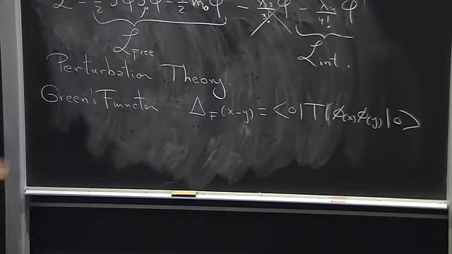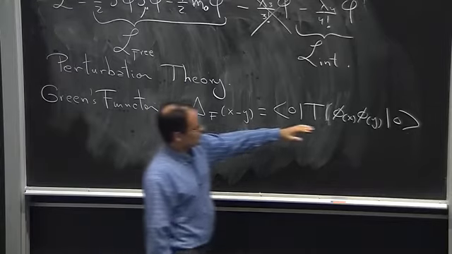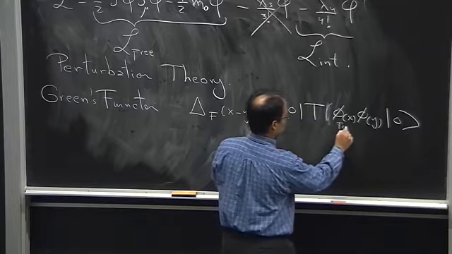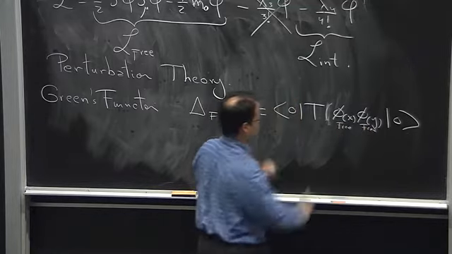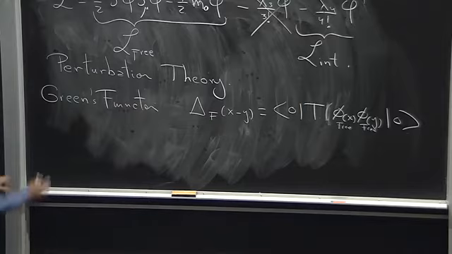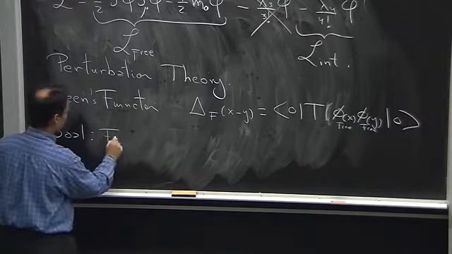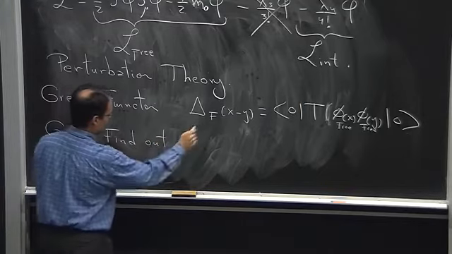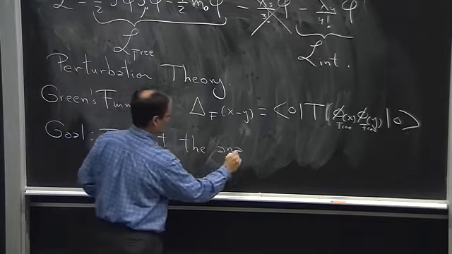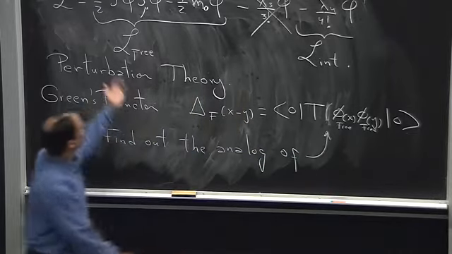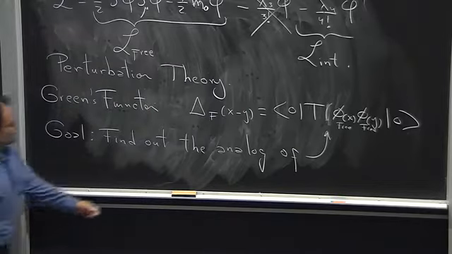Now, the goal of this whole week is to find the analog of this object in an interacting theory. So let me call these guys free here, just to remember we did this in the free case. So the goal is to find out the analog of this Green function for our interacting theory, okay?